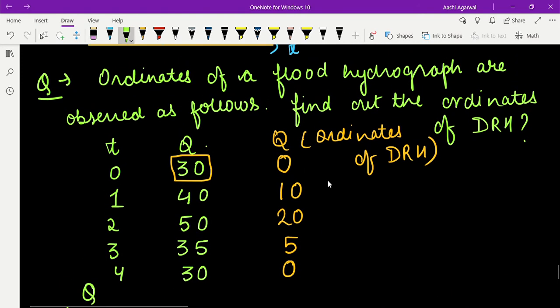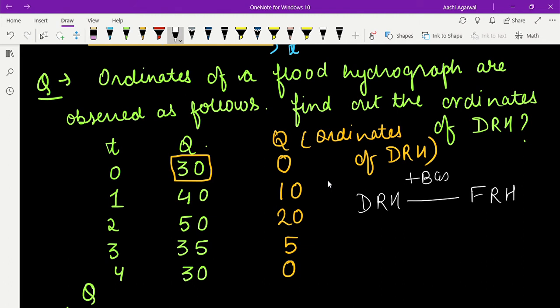This question was based on the idea that if you know the ordinates of the DRH, how can you obtain the ordinates of the FRH, or vice versa. Please note, if you are going from DRH ordinates to FRH ordinates, you have to add the base flow.